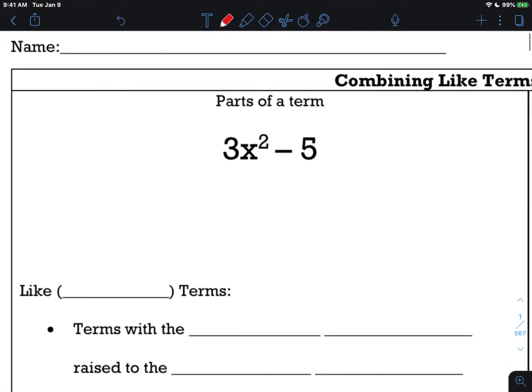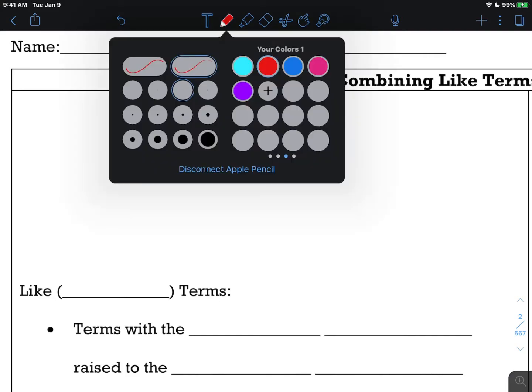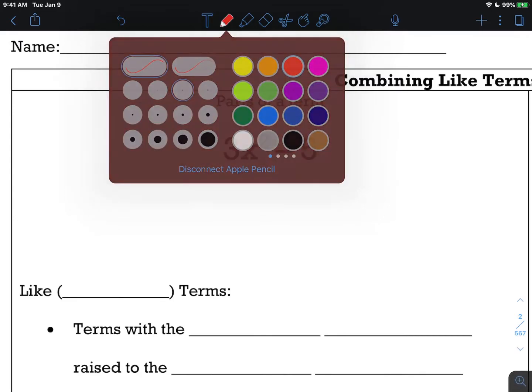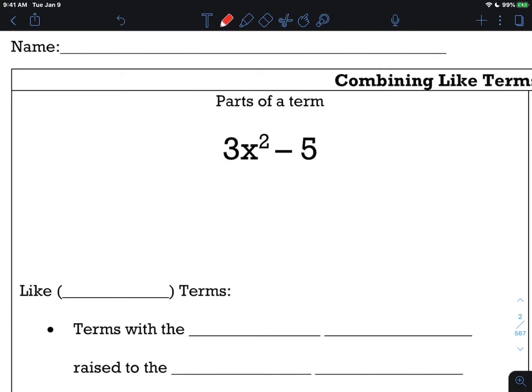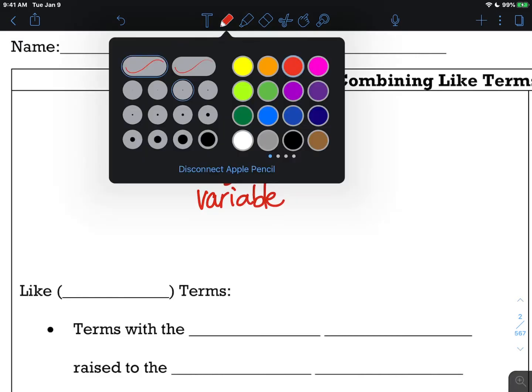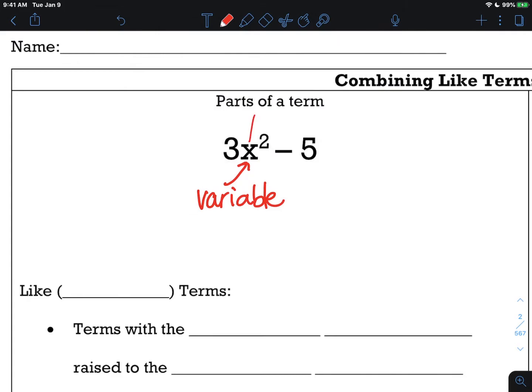First thing, we're going to be talking about combining like terms. First, let's talk about what the different pieces of a term are. First thing, I have a variable here, okay? And that variable has 2 different pieces.